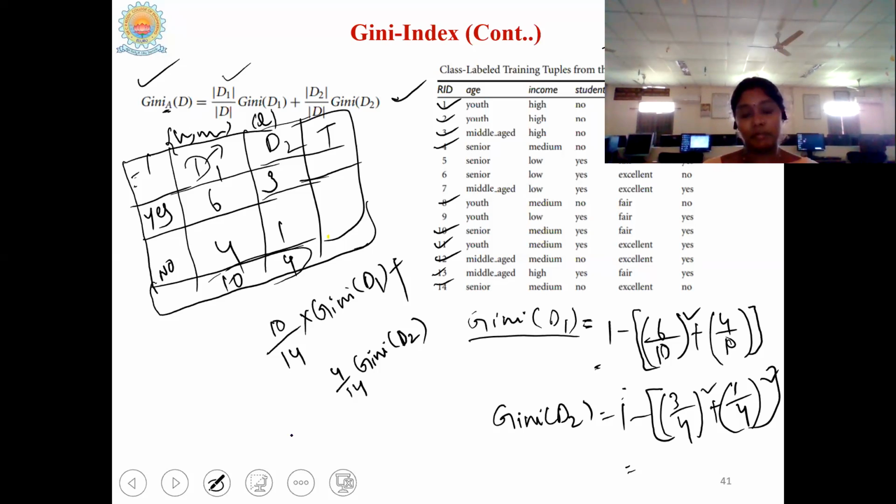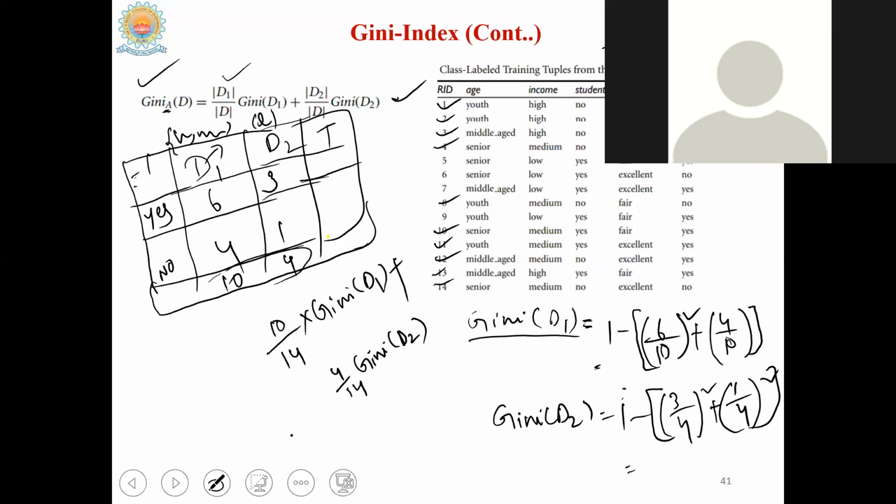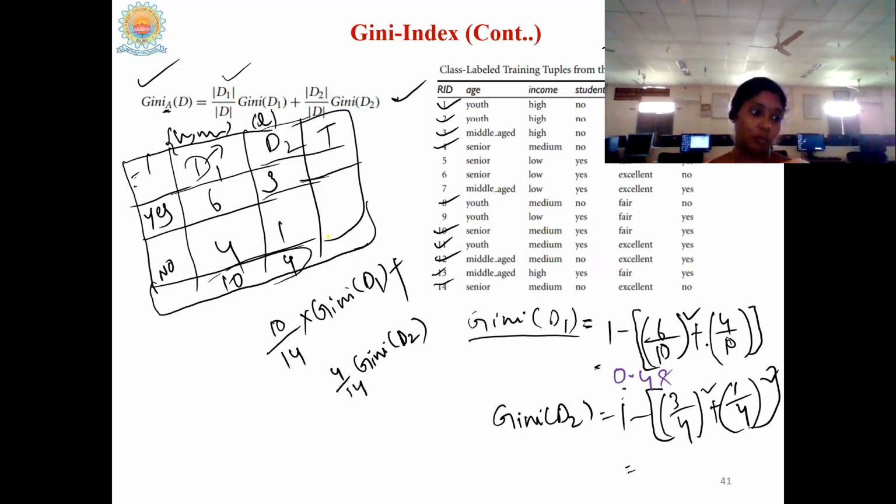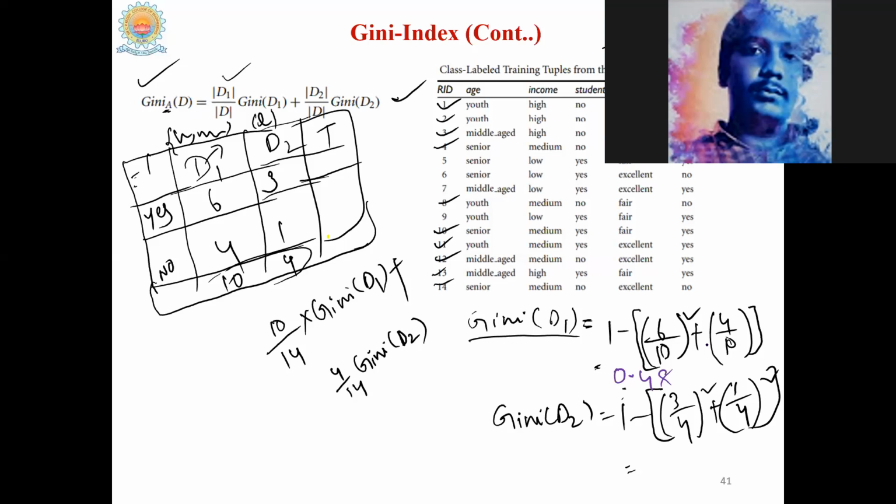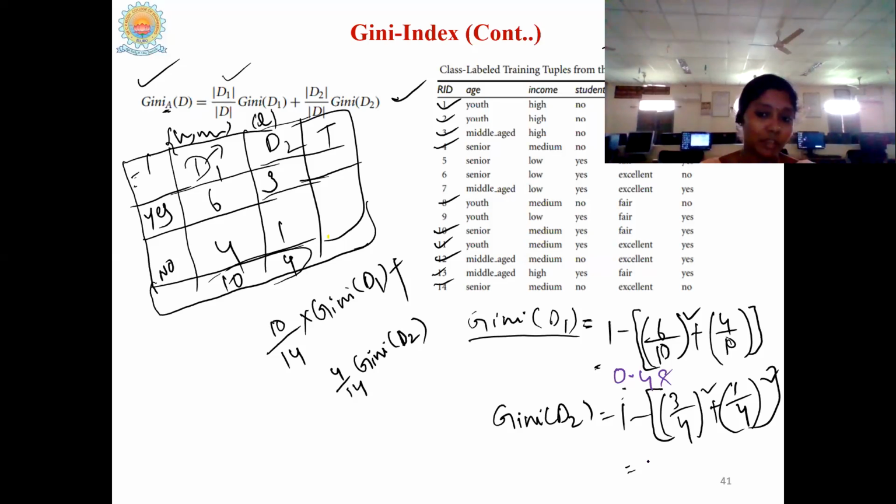What's the value of the GINI index of D1? 0.48, ma'am. Next, the GINI index of D2. 0.375. 0.37.